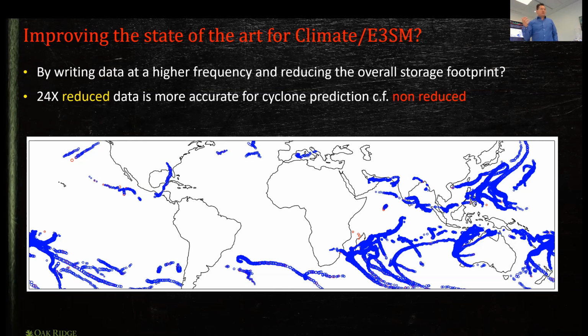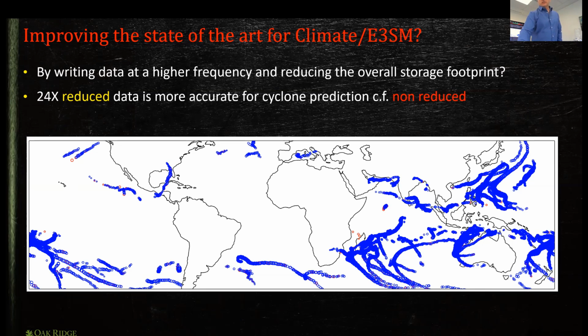And again, if you output more frequently, because what happens with cyclone tracking is, depending upon the algorithm, you need a certain number of tracks before you call it a cyclone. Well, if it's not that frequent, things sometimes look like they come and go, or just tail off, and now you can't classify cyclones. So you can actually get much more accuracy here.